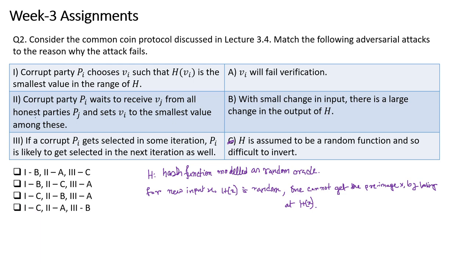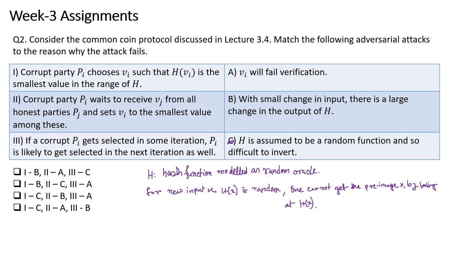What about the second option? Corrupt party pi waits to receive vj from all honest parties pj and sets vi to the smallest value among these. Now, the content is basically the party id pi, the publicly known common string r, the iteration id k, and the sending party's signature on r and k.